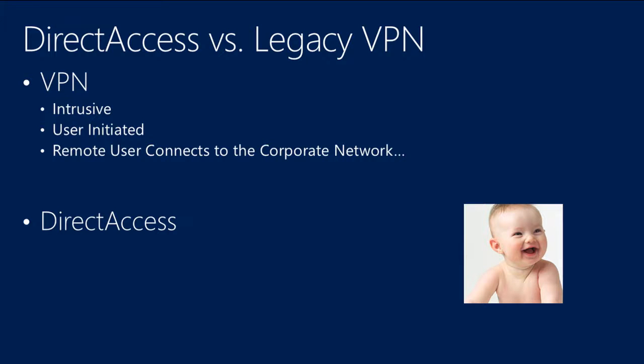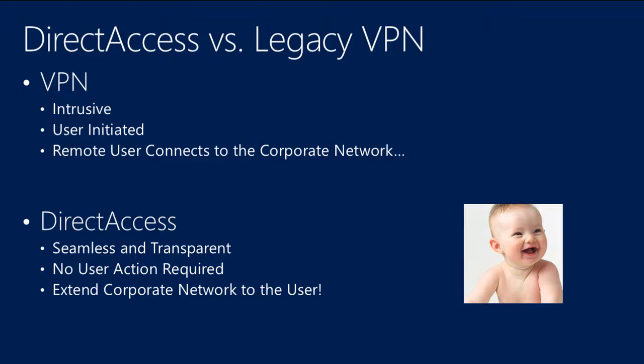Contrast that with Direct Access, because Direct Access, as I'd mentioned, is always on, seamless and transparent, doesn't require any action from the user at all. It happens entirely behind the scenes. Fully authenticated, fully encrypted, very secure, but doesn't require that the user do or even know anything. I'm going to show you later how the user accesses their applications and data in exactly the same fashion outside the corporate network as they do inside the corporate network, so it makes it super, super simple for them.